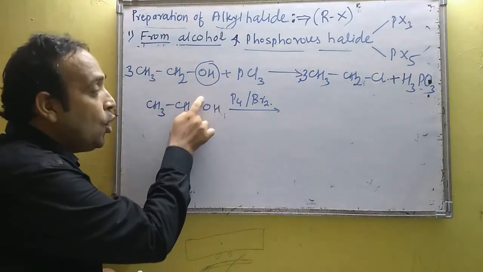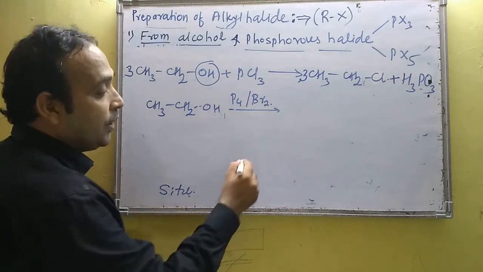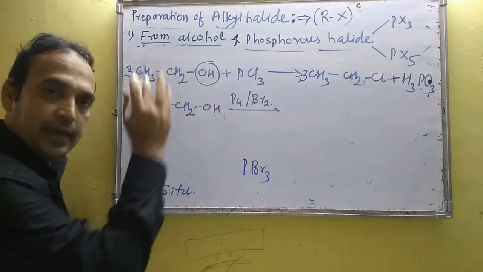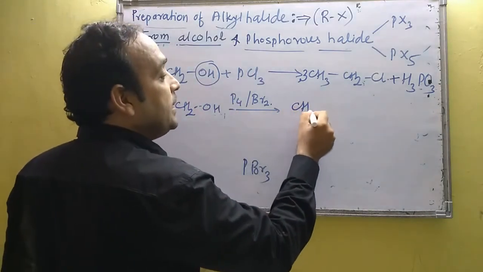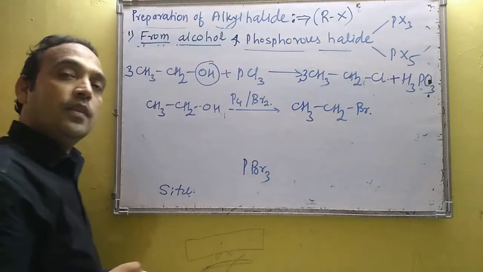It replaces OH by Br. When these two react, they convert into PBr3, which balances the reaction, and my product is CH3CH2Br.